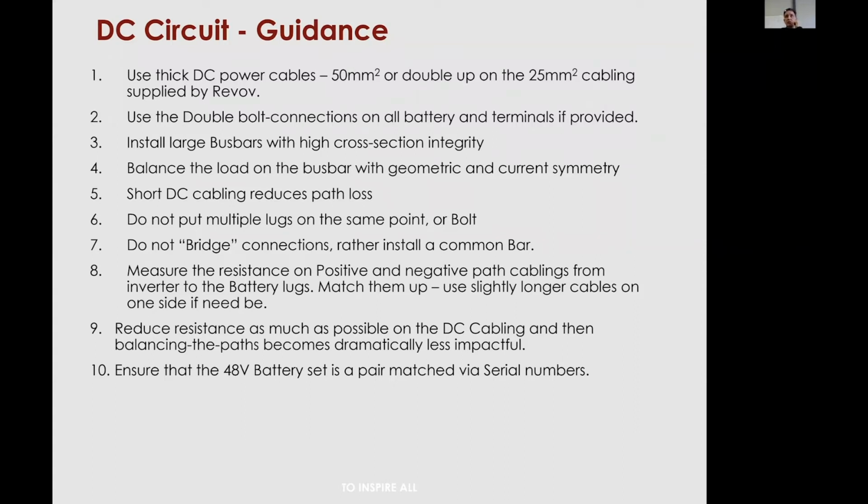I have installers who actually will alternate that. So they go battery, inverter, MPPT, battery, inverter, MPPT, battery, across the same piece of copper bar. And that way they ensure that they have a decent spread and coverage in terms of no preferred path.